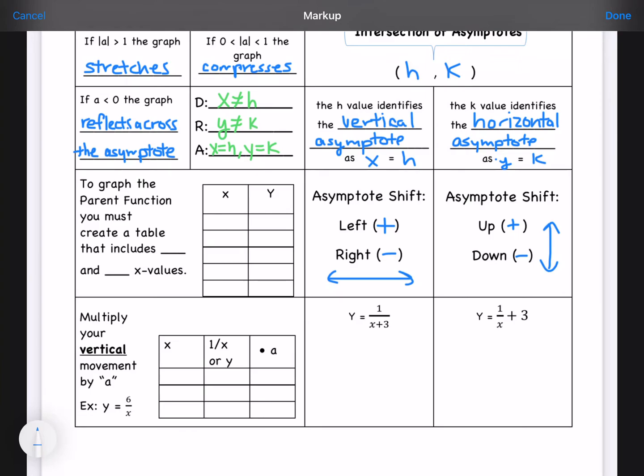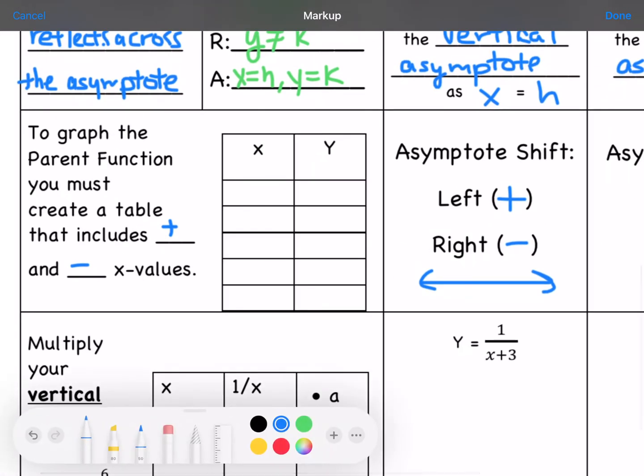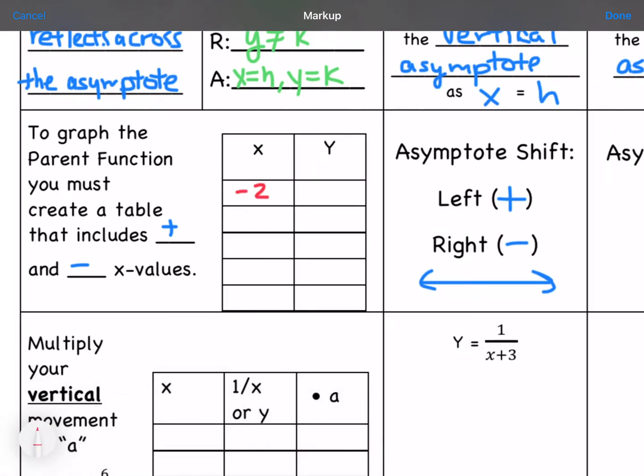When we are to graph the parent function, we must create a table that includes positive and negative x values. Anytime we're graphing these, think, I need to make a table to plot points. I'm going to choose some positive and some negative values here. I'm going to use -2, -1, 1/2, 2, and 4, just to show you. The parent function is y equals 1 over x. When x is -2, y is -1/2.